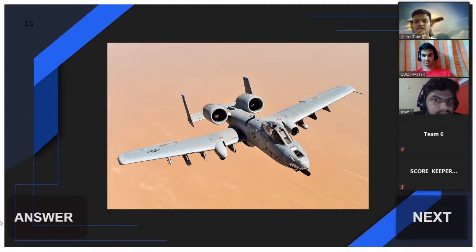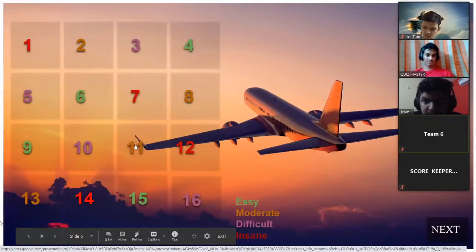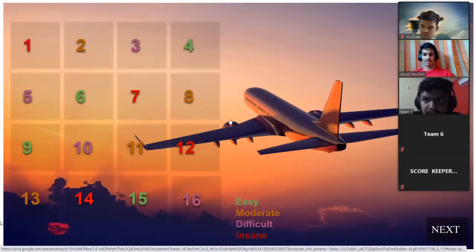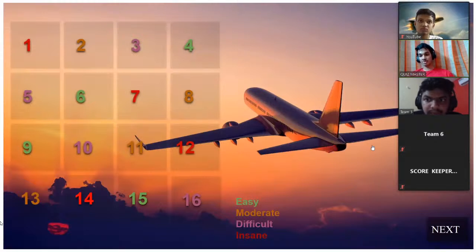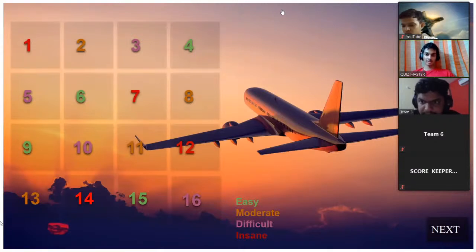Team 5. Yep. So closing pounces now. So team 6, give me your answer. It's A10 Warthog. A10 Warthog is the right answer, also called the A10 Thunderbolt. That's the official name. Its pilots affectionately call it the A10 Warthog, an iconic ground attack aircraft.